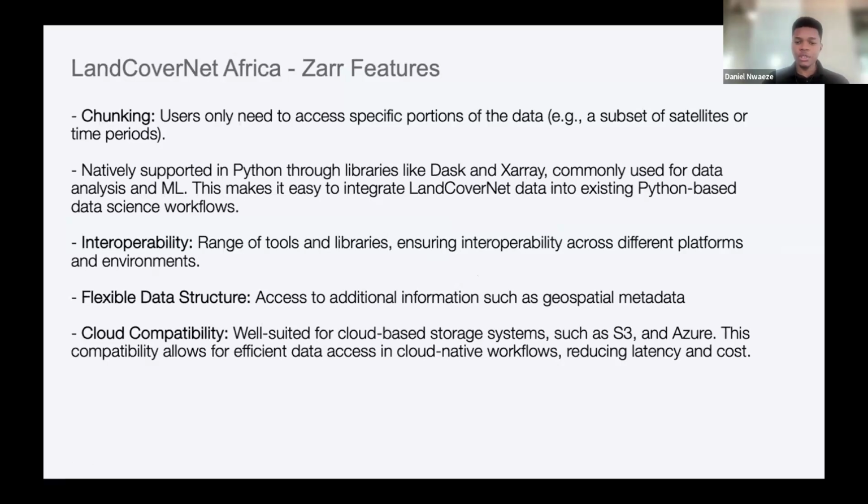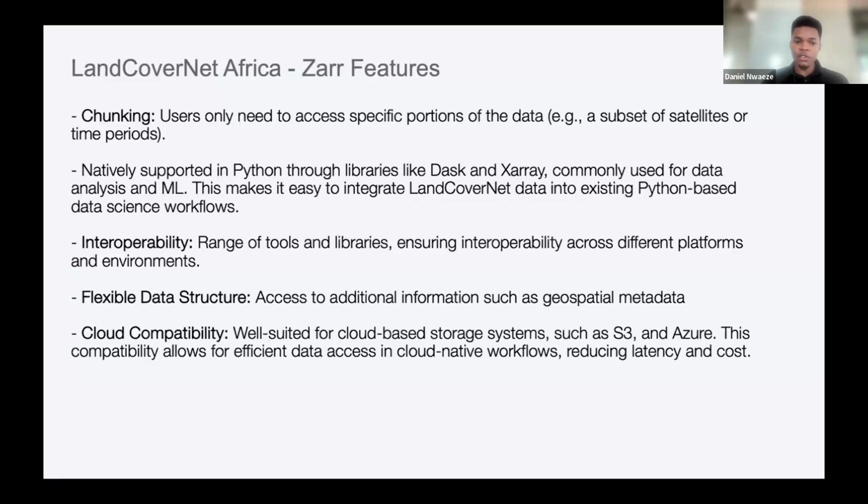And flexible data structure, so it doesn't need to be rigid. Zarr creates a flexible data structure where you can specify the structure of the data that you want. It doesn't need to be something that is rigid. So if I just want arrays of 5 bands instead of 7 bands, I can easily tell Zarr to create that for me.